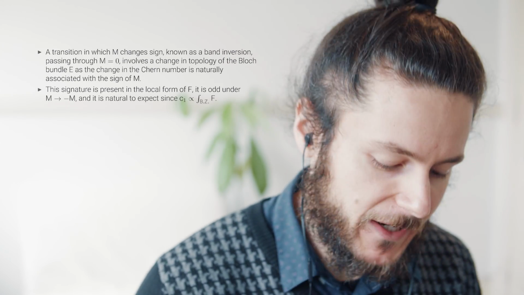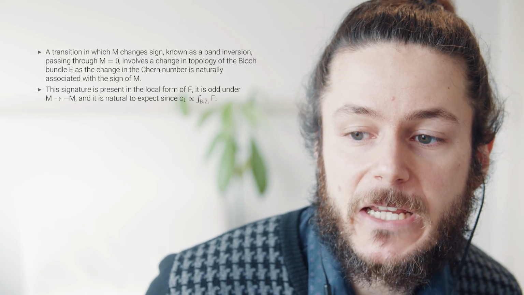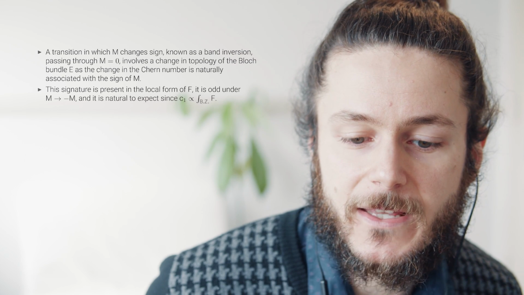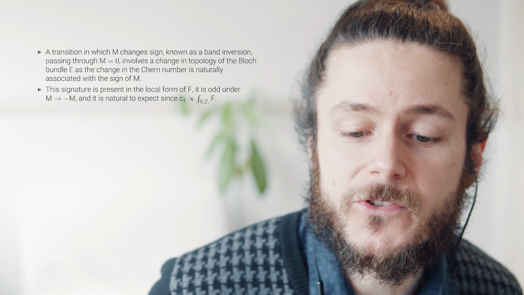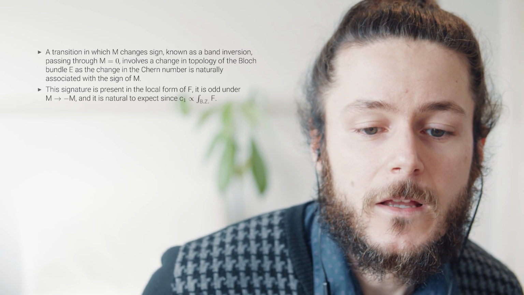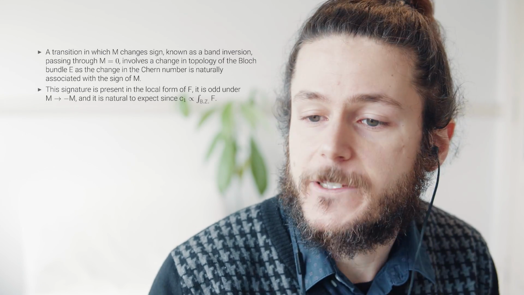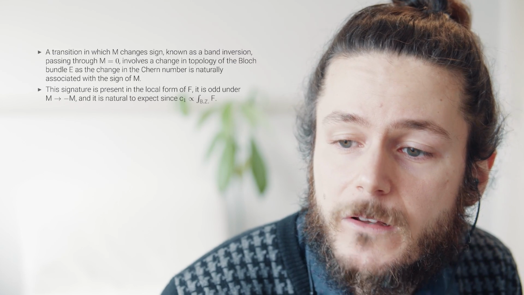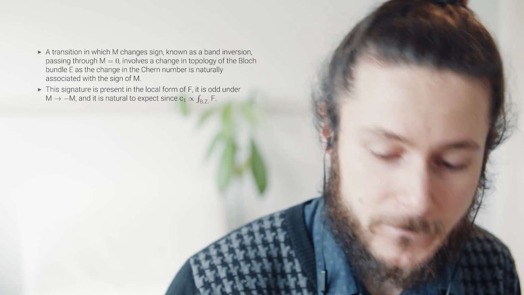This signature is present on the local form of F because this is odd under m goes to minus m. Notice that as I take m goes to minus m, this goes to minus F. And it is natural to expect because the first Chern number is proportional to the integral of F on the Brillouin zone.